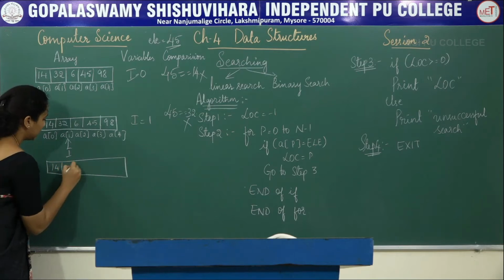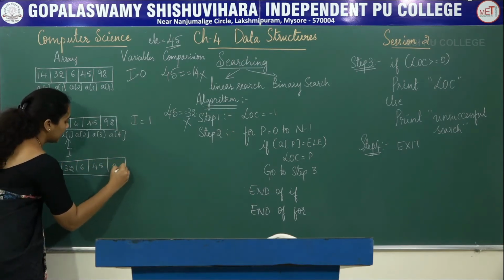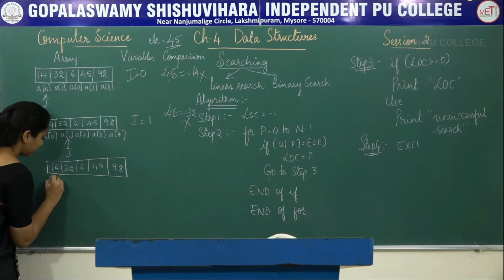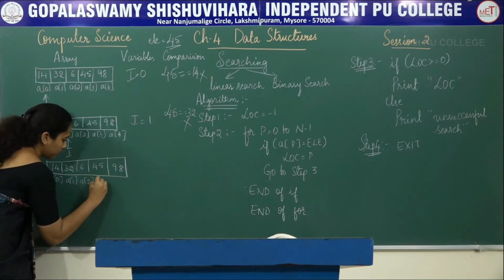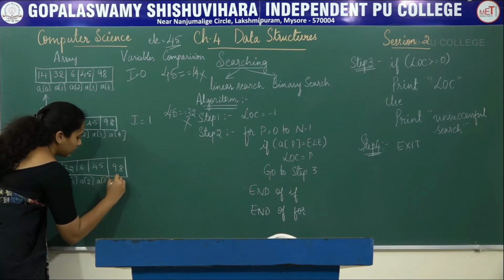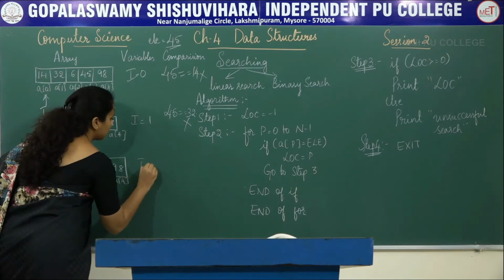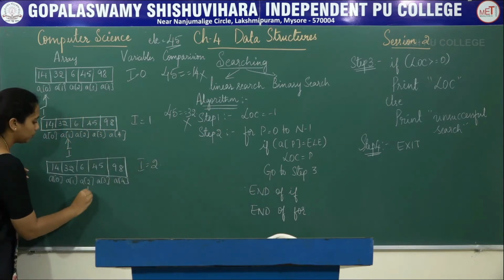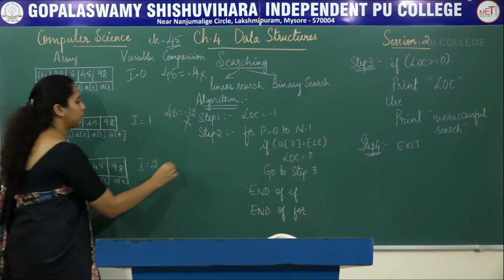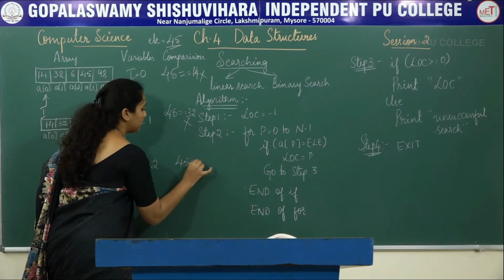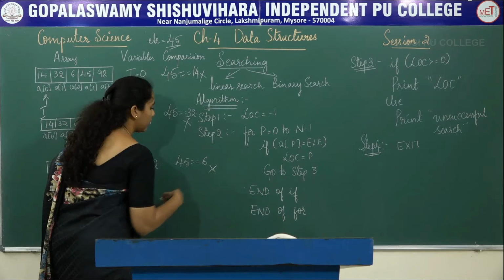14, 32, 6, 45 and 98. Now I gets incremented, hence the value of I is 2. Now it will compare with the value 6. Is 45 equal to 6 or not? It is wrong.